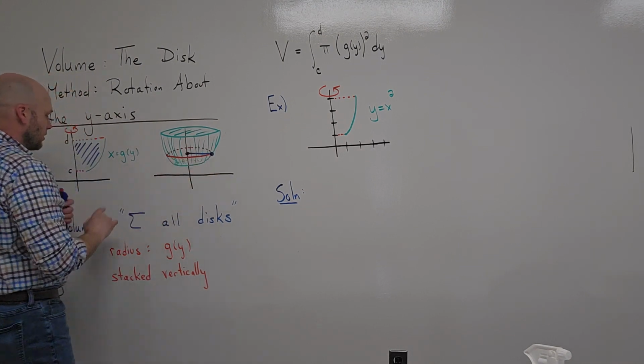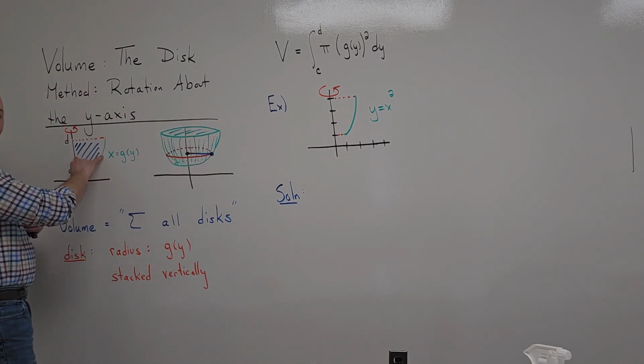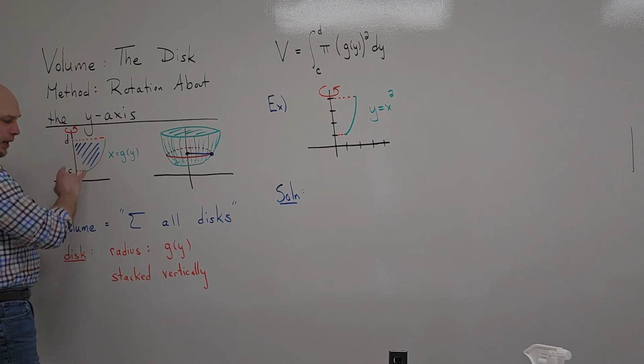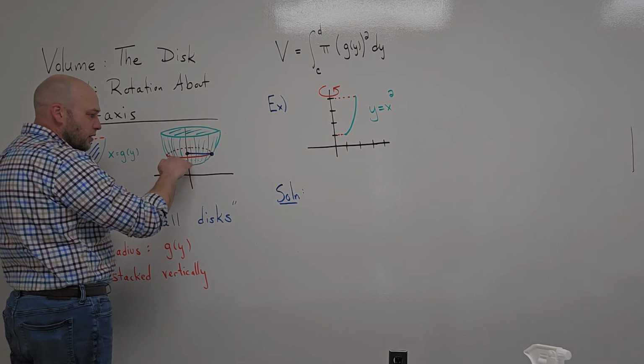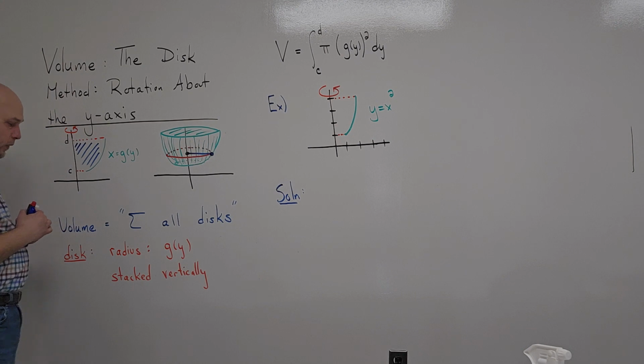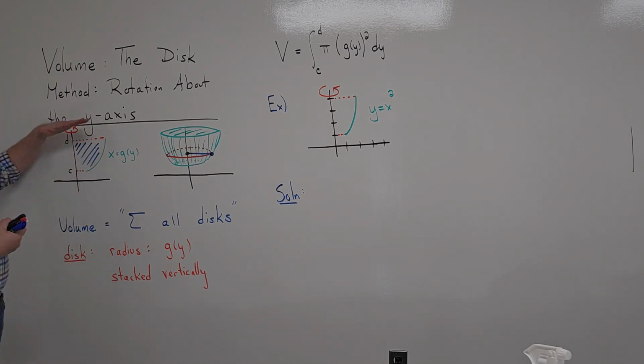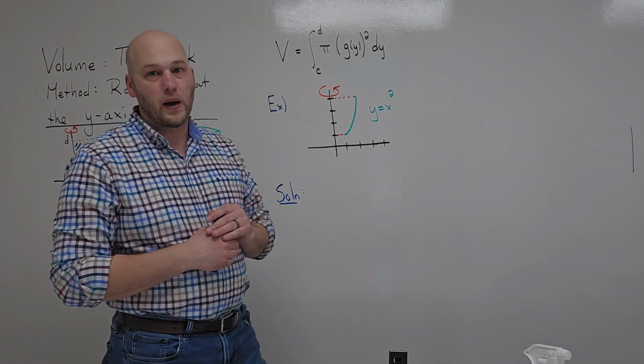Well, that distance is the same as the function value, so that's g of y. And the disks are stacked vertically, which means we're summing over all the y values from c to d. Said differently, we're integrating with respect to y.